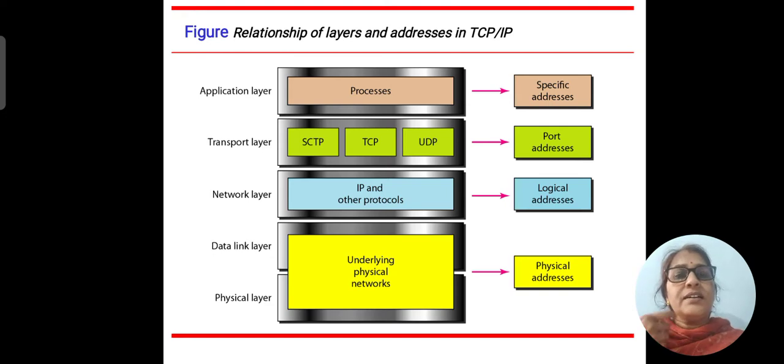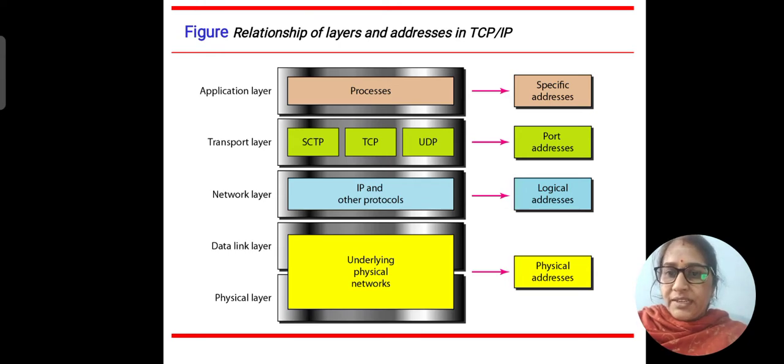So let's see the next one, that is the network layer. At the network layer, TCP/IP supports the internetworking protocol. IP in turn uses four supporting protocols, that is ARP, RARP, ICMP and IGMP.